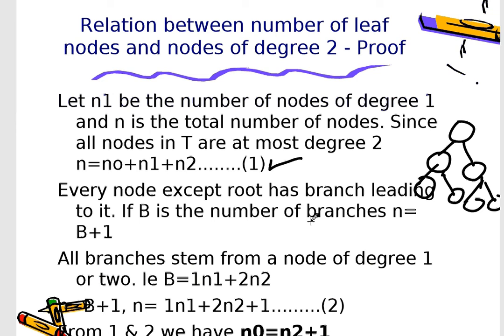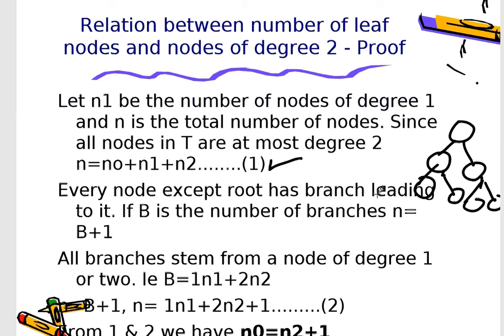Now another thing is, you can see that each node will be having a branch towards it. So this particular node has a branch towards it, this particular node has a branch towards it, this leaf has a branch towards it, this leaf has a branch towards it, likewise, but only the root doesn't have a branch towards it.